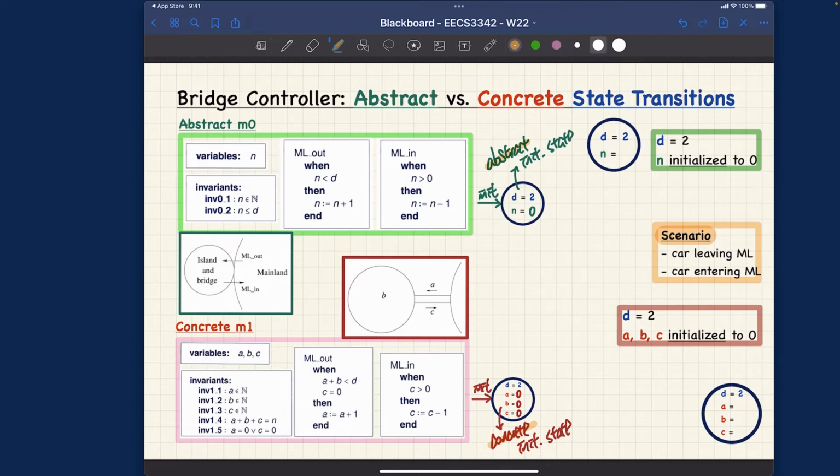We have to look at every concrete invariant, which are defined over here. I'm going to define exactly what a concrete invariant really is, but I can think about any invariant condition between the two states. The abstract invariants only involve the abstract variable, only n over here, and the concrete invariants involve at least one concrete variable, and you can see A, B, and C. We want to find the special kind of concrete invariant which involves both the concrete variables A, B, or C and the abstract variable n, right?